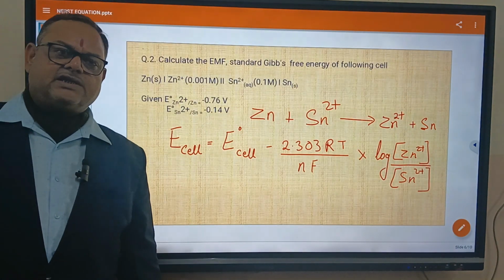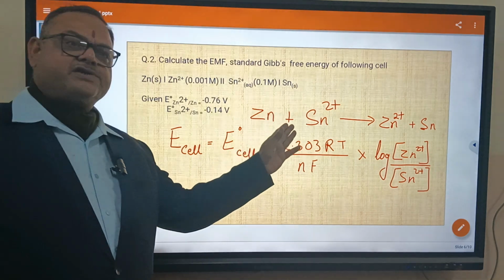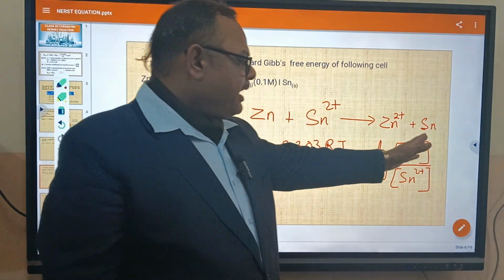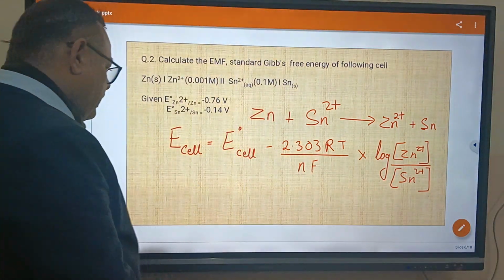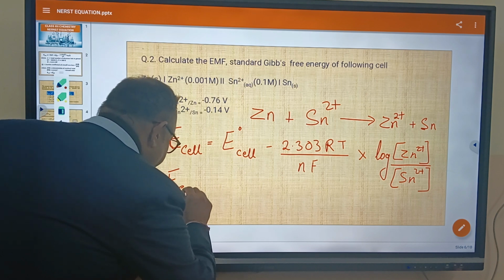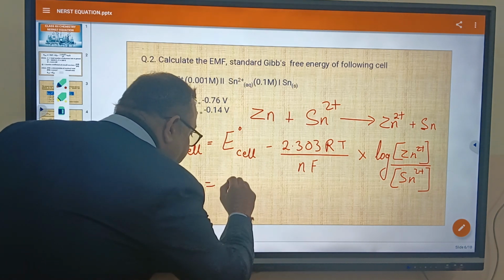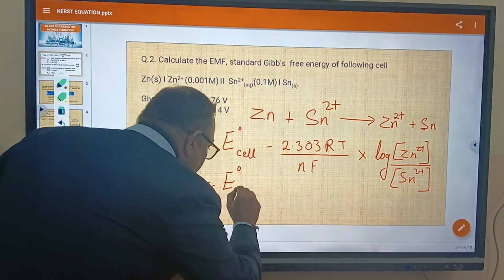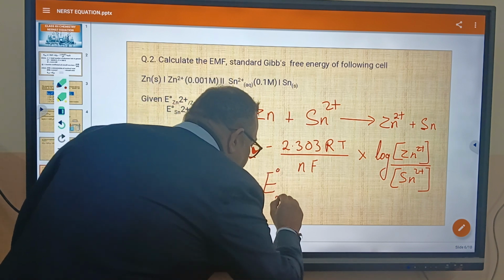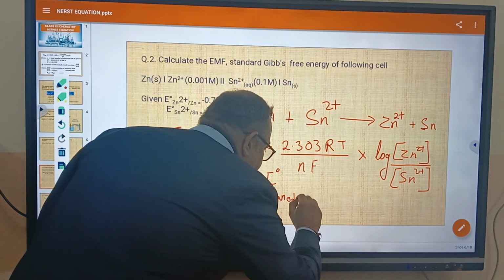Since the balanced equation is not having any stoichiometric coefficients for the ions, we will not be putting any powers here. Now, we all know that E naught cell is E naught cathode minus E naught anode.